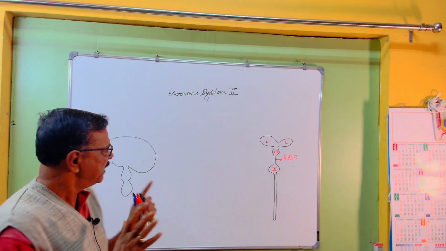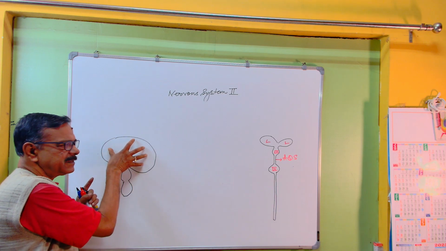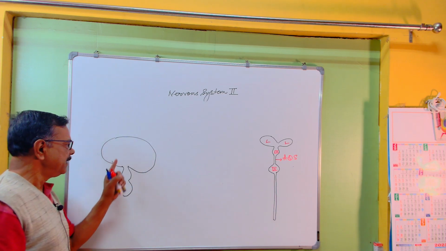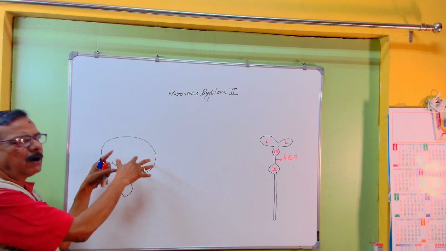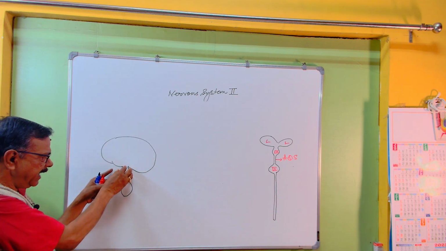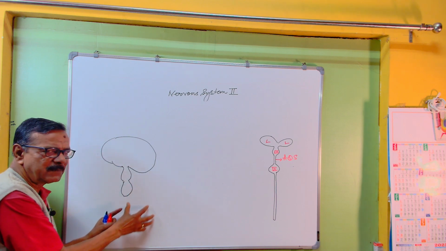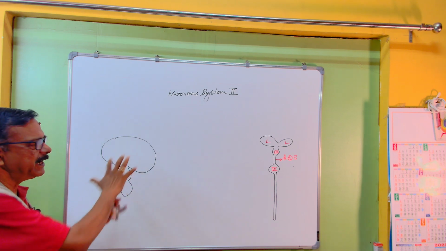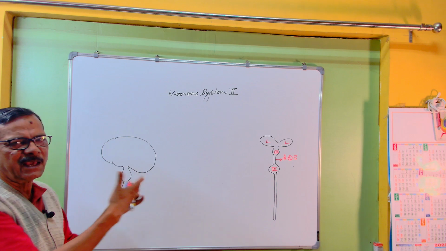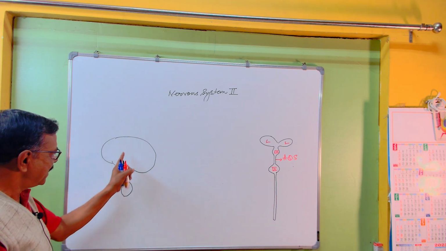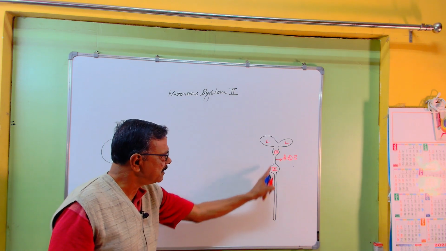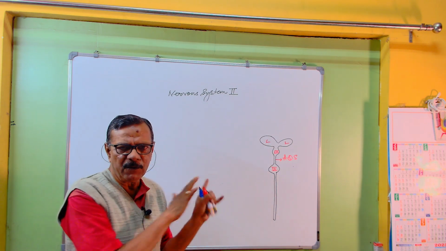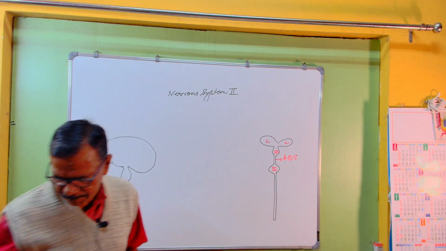So intelligence, everything, is there in the cerebral hemisphere. This cerebral hemisphere covers or overlaps the midbrain as well as a little part of the hindbrain. That's why it remains difficult to see what is inside. But we will learn this in such a way that we will go one by one.